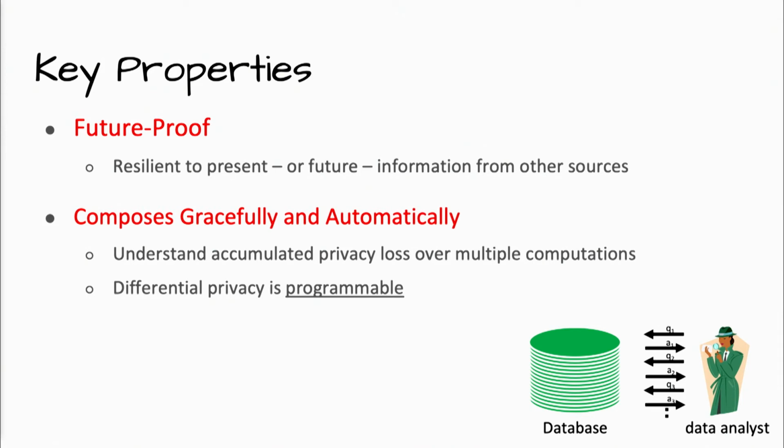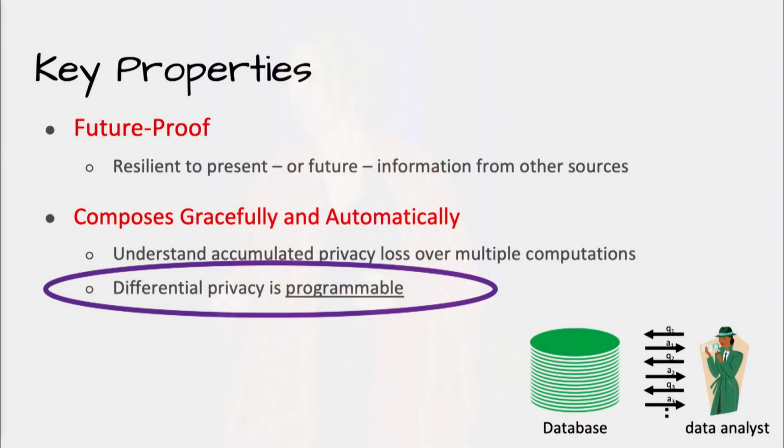And here we want to minimize yet one more resource of interest, which is privacy loss. So for a given task, there may be many, many different differentially private algorithms, and we choose according to the cumulative privacy loss that they offer. Okay, this programmability is something that no other definition of privacy gives you access to.